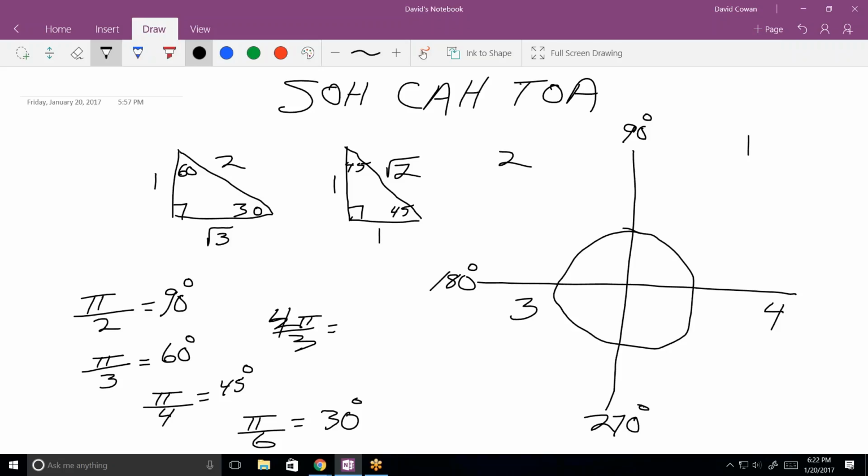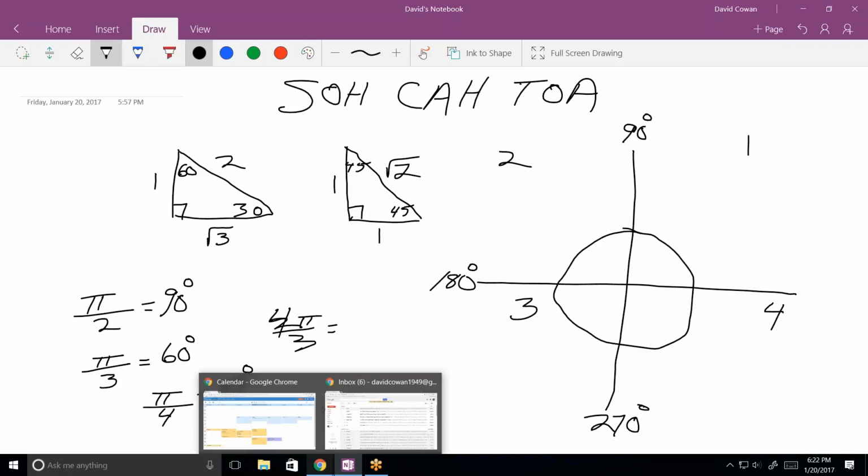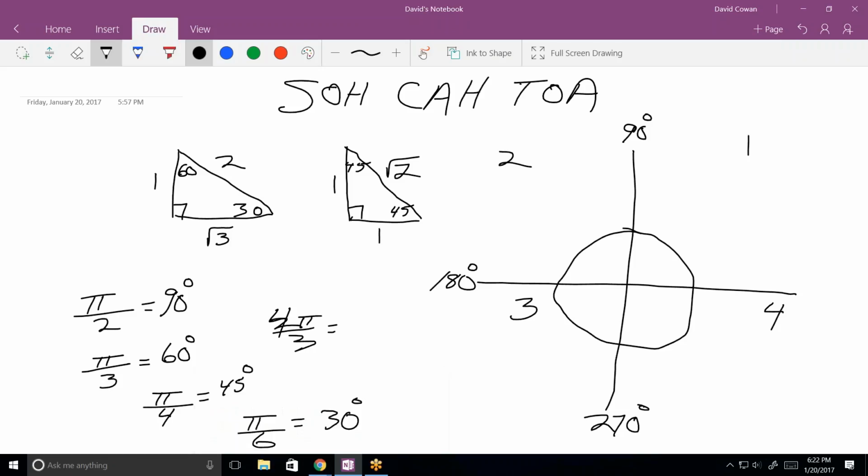So if you can kind of memorize this system on the left here, where pi is the numerator only, then you can easily do problems where pi has a coefficient in front of it. Right. Okay? And personally, I find this much quicker than applying the conversion factor. In other words, I could easily apply the conversion factor here to all of these. To figure out what pi over 2 is, I'm going to multiply it by, is it 180 over pi or pi over 180?